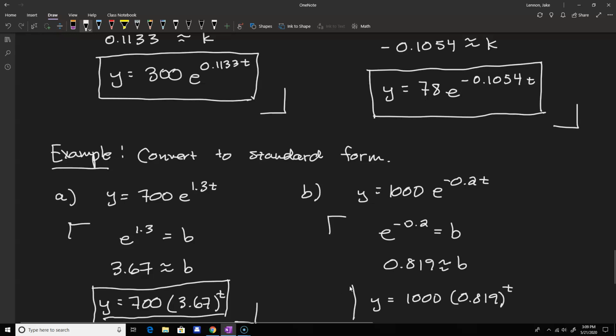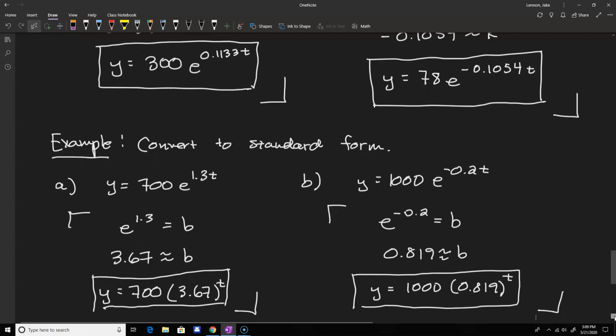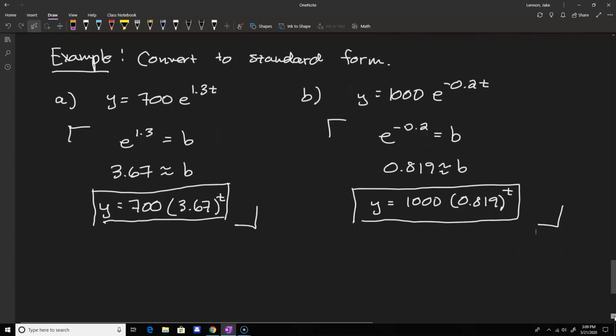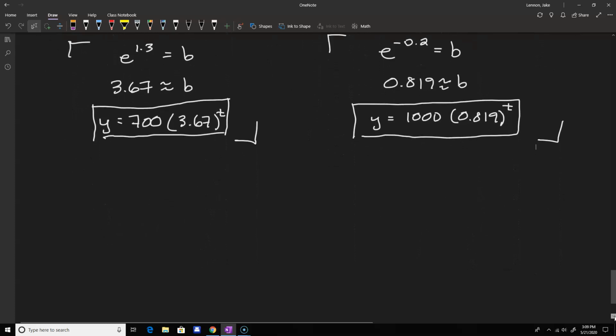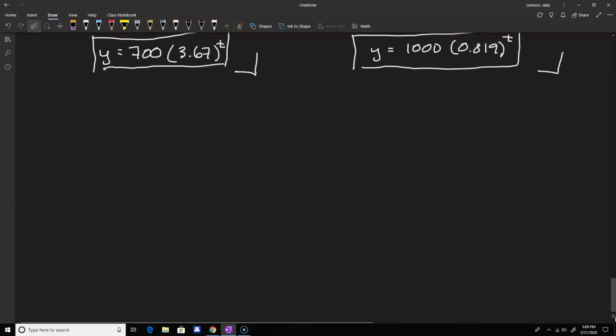So that's converting back and forth between standard and continuous. You can always do that if you prefer working with one or another. Now, one big application is in the theory of interest. We have two formulas when it comes to compound interest.